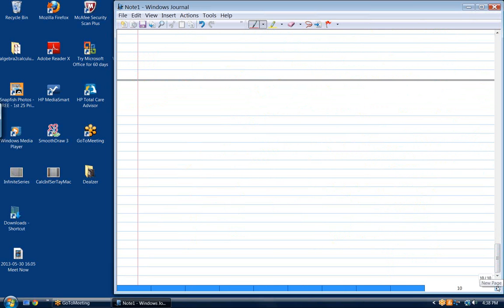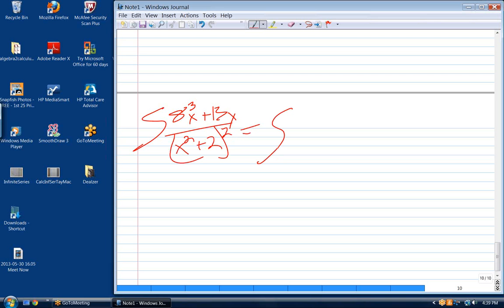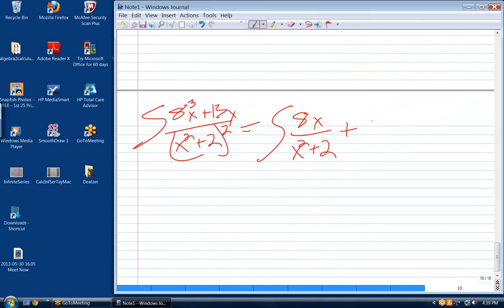And now I can rewrite it as the integral of 8x cubed plus 13x all over x squared plus 2 squared is equal to the integral of ax plus b over x squared plus 2, which means 8x over x squared plus 2, plus the only other value we had was c, which was minus 3, and it was cx plus d, so it has to be minus 3x, d is 0, over x squared plus 2 quantity squared.